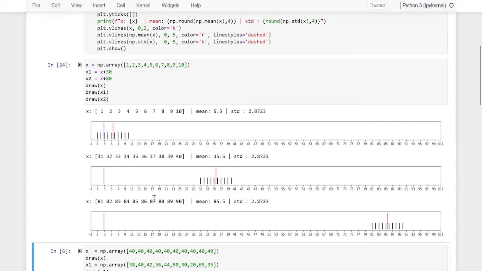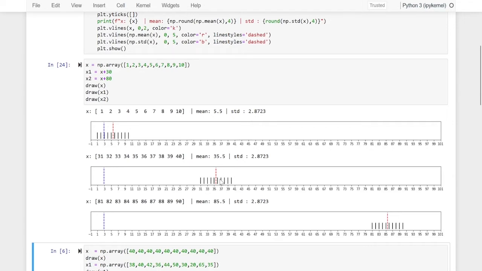It is only concentrating on the proximity of each and every element from the mean of the data set. Since the proximity of each and every element from the mean of this data set is exactly the same everywhere, standard deviation continues to be 2.8723.